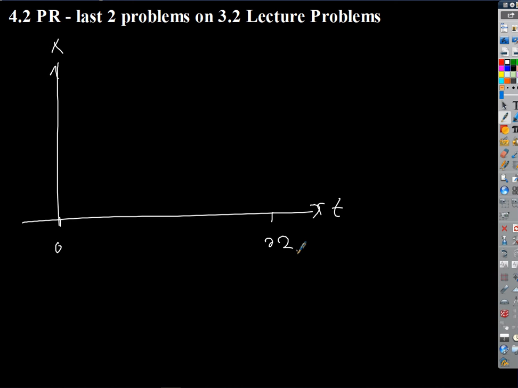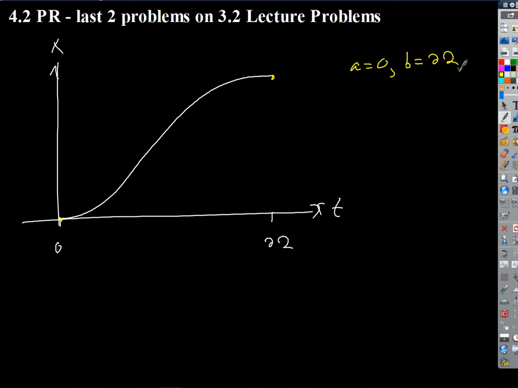And so what's this thing going to do? Well, I don't know. Maybe it's going to look something like that. Maybe. Who knows, right? So a equals 0, b equals 22, right?